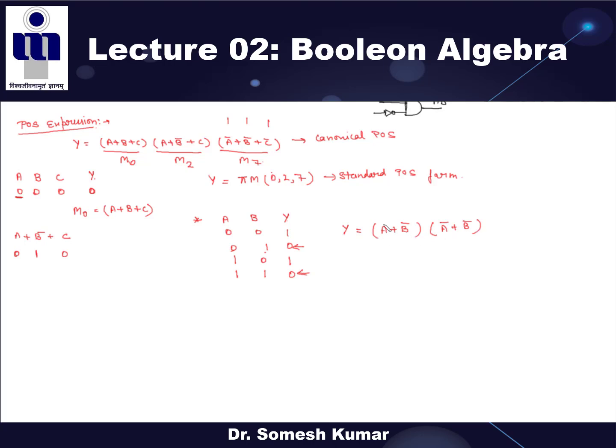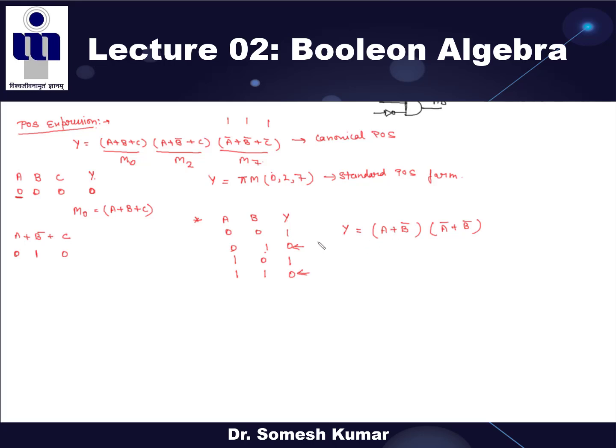The product of these two sum terms is your canonical POS form. Also you can verify: if you put A to 0 and B to 1, the output of this expression is always 0. You can verify.